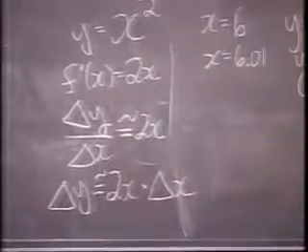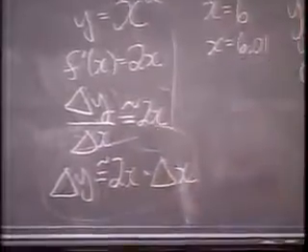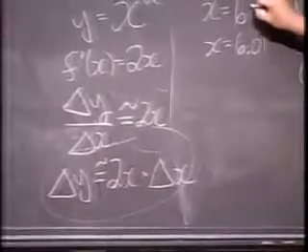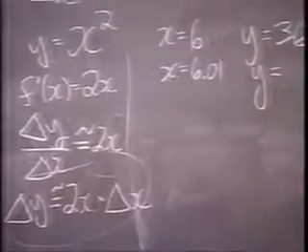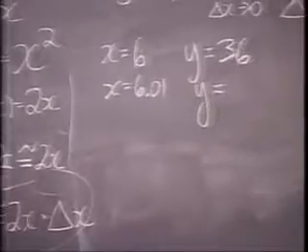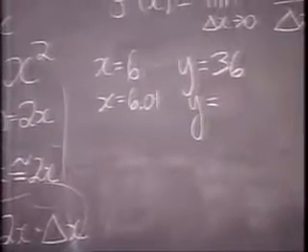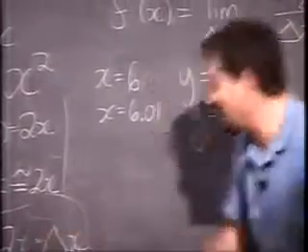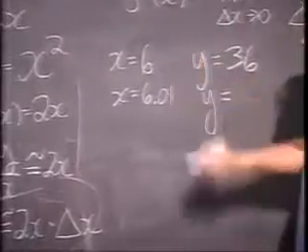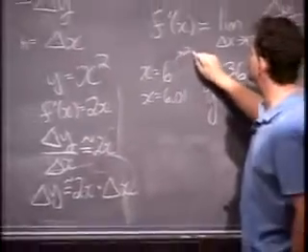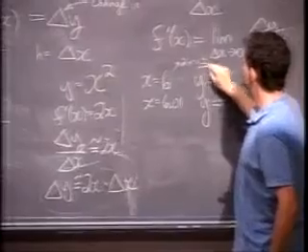And I want to just use this last part of the formula here. How much have I changed x by to get from 6 to 6.01? I've changed it by 0.01. Now, multiply this by 2x. x is 6, so 2x is 12. So 12 is our magic number.